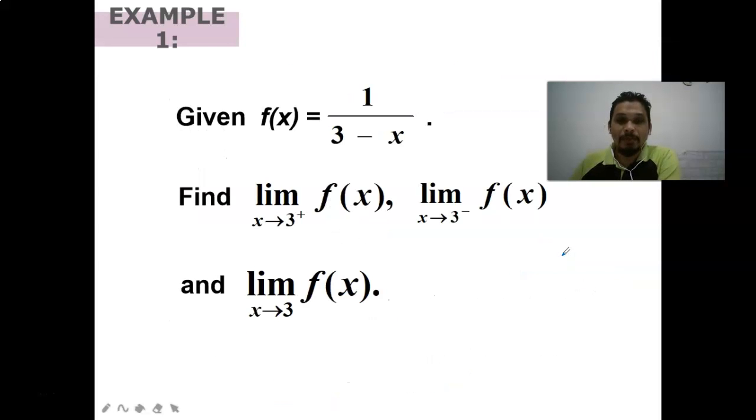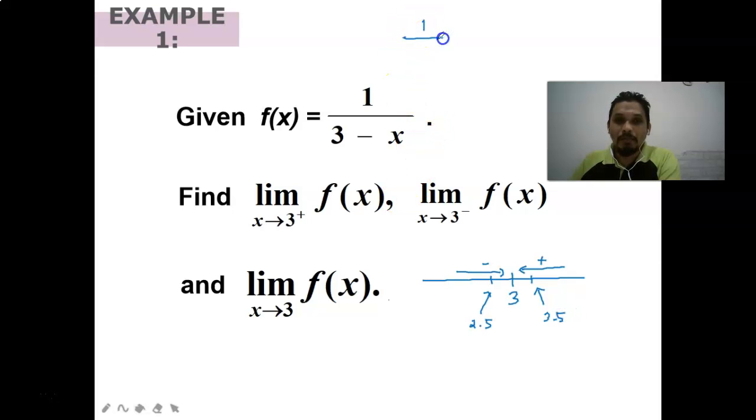Now 1 over 3 minus x, with the limit as x approaches 3 from the right side and also from the left side. This is 3, so approaching 3 from the left side and approaching 3 from the right side. I'll take a simple example here, let's say 2.5, and also 3.5.